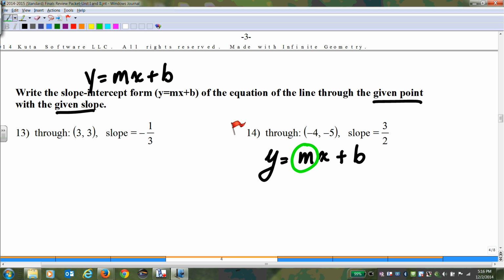We need a slope, and we need an intercept. Now, we have been given a slope. Draw a line right here, draw an arrow right there. We have the slope already. Let's write that down, 3/2. Problem is we don't have the intercept, that's b.